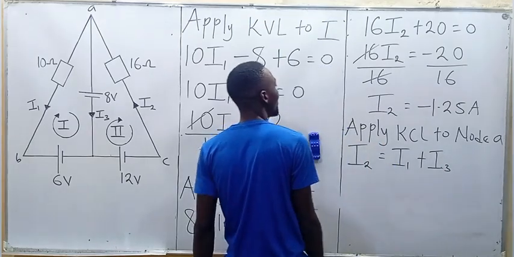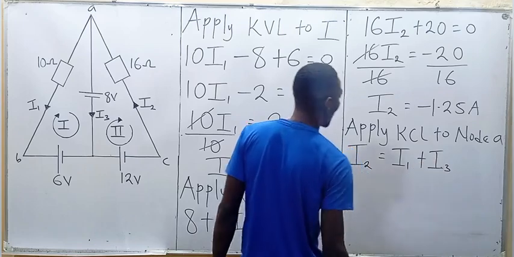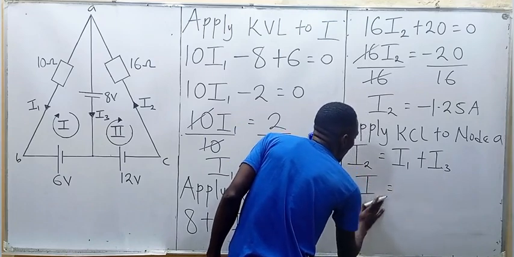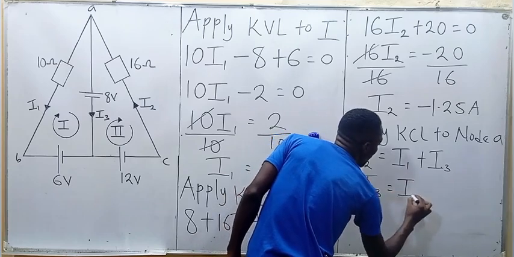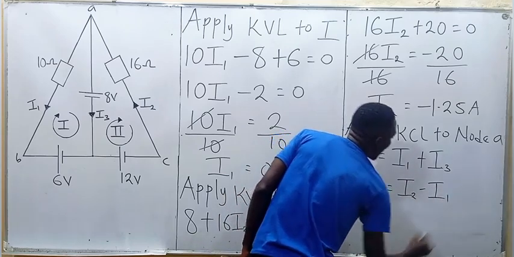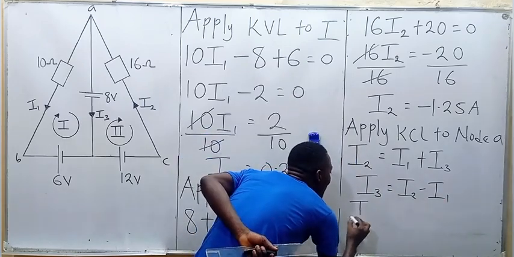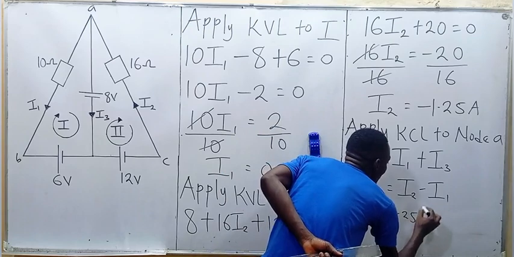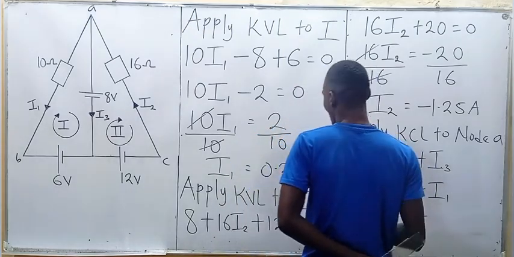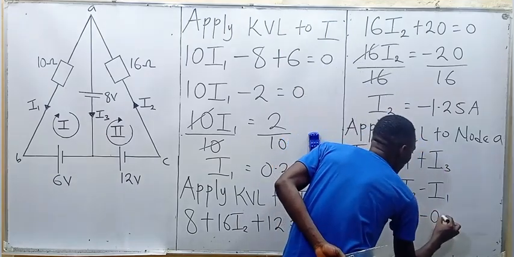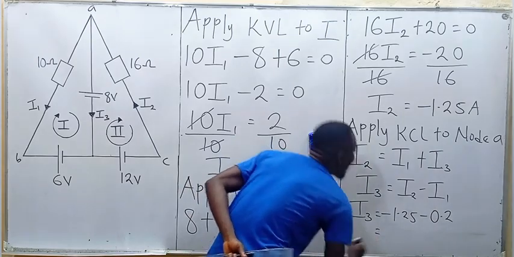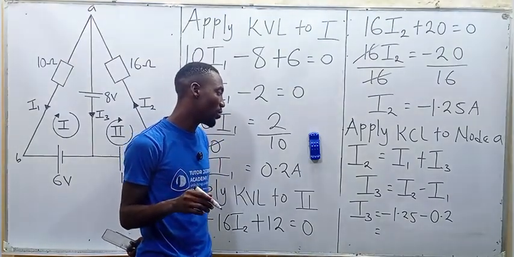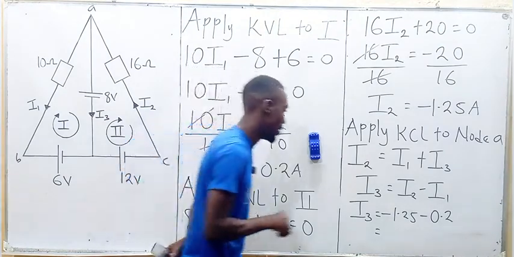We have the values of I2 and I1, so we make I3 the subject: I3 equals I2 minus I1. I2 is minus 1.25 and I1 is 0.2, so minus 1.25 minus 0.2 gives us minus 1.45.